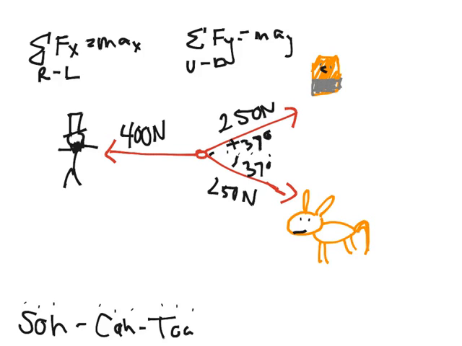Let's start with SpongeBob. So this right here is your hypotenuse, the 250. This is now your y component for SpongeBob, and this is your y component for My Little Pony. And then if you do the x component right here, this is x for SpongeBob, x for My Little Pony.